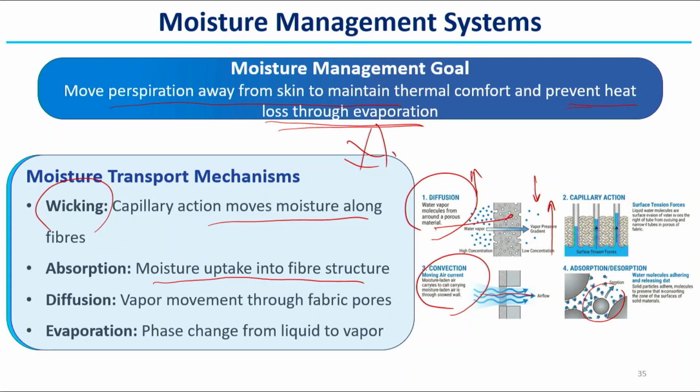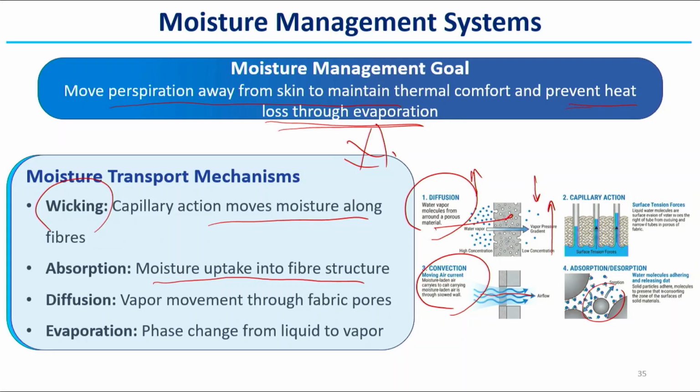Absorption can take place in two ways, one for liquid moisture and another for vapor. For vapor transmission, particularly for hydrophilic fibers like cotton and viscose, the absorption-desorption mechanism works.